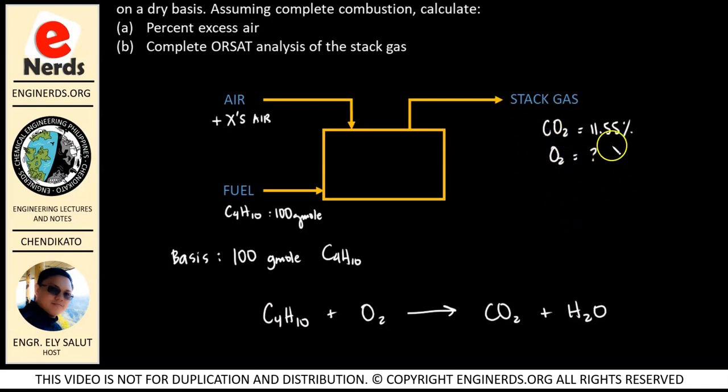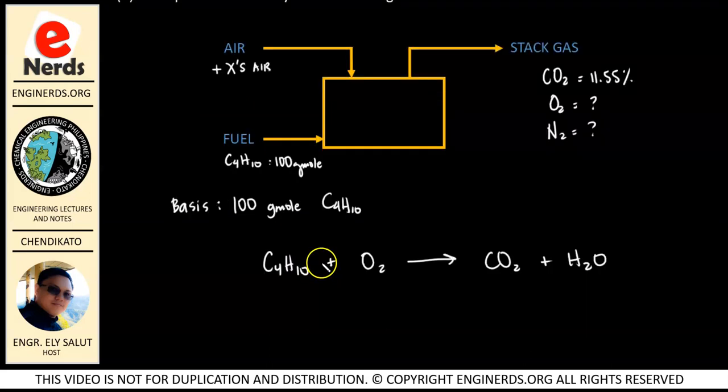That will be the excess O2 that we need to determine in our A. And what else do we expect to have in our stack gas? We expect to have nitrogen, N2. We can only determine how much nitrogen we have in our stack gas once we know how much is our air supply.